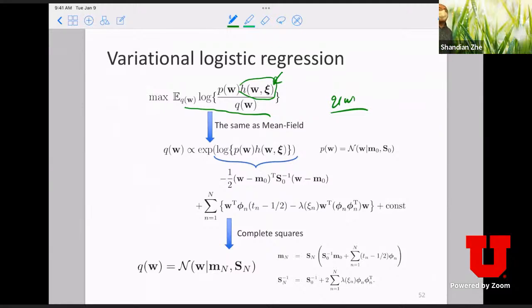It gives you the optimal Q of W, which is Gaussian. So you can directly compute it. It's a Gaussian distribution, and by using the square completion trick, you immediately get the mean and covariance for this Q of W, which maximizes this expected log fraction.